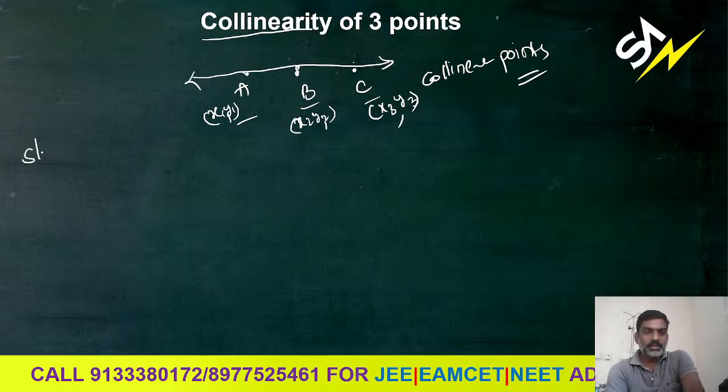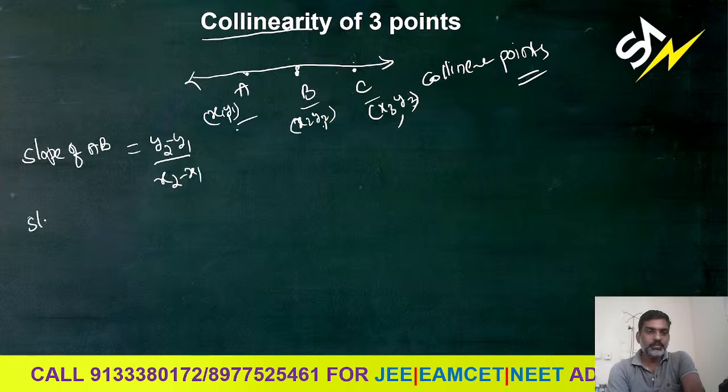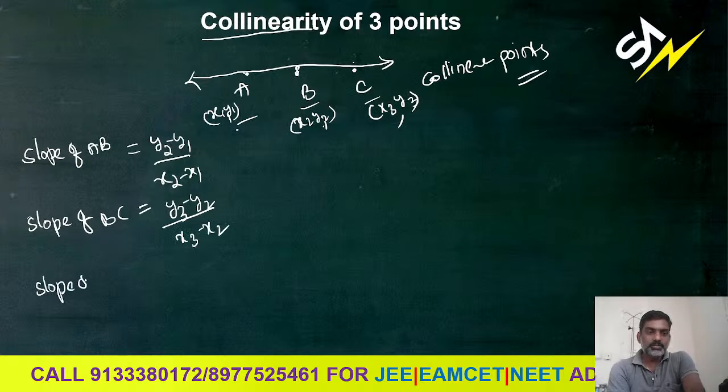Now we have to say these 3 points are collinear points. For that, let us calculate the slope of AB. What is slope of AB? (y2 minus y1) divided by (x2 minus x1). This is slope of AB. Next, slope of BC. What is slope of BC? (y3 minus y2) divided by (x3 minus x2). Next, slope of AC.